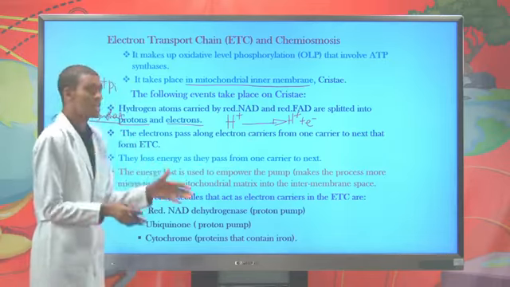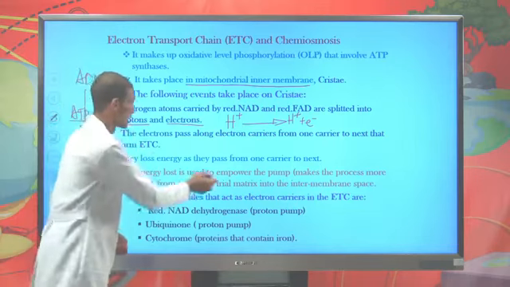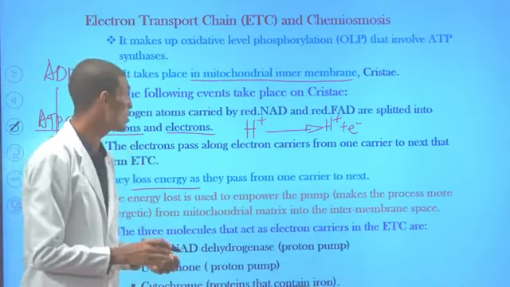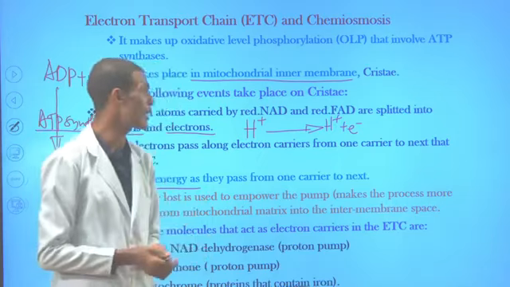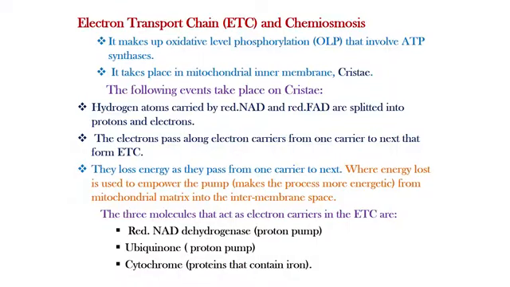Additionally, when the electrons pass from one carrier to the next, they lose energy. The critical advantage of the lost energy is that it powers the pump, making the system more energetic and powerful.